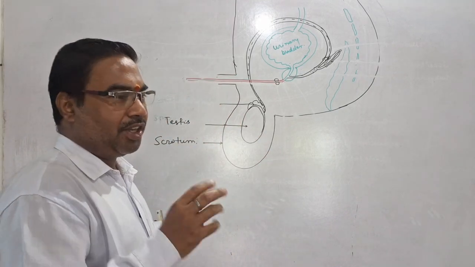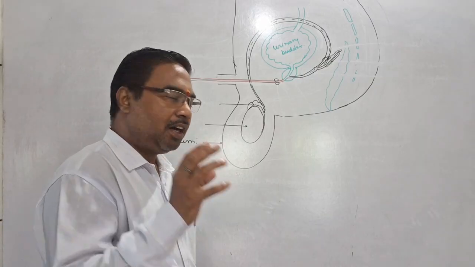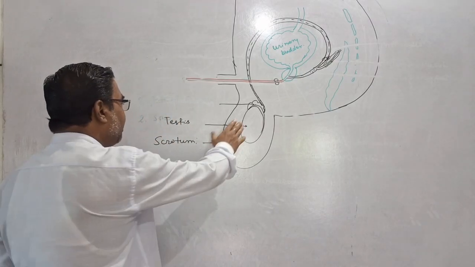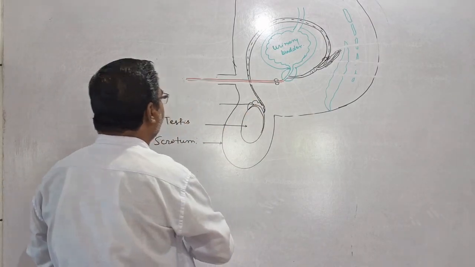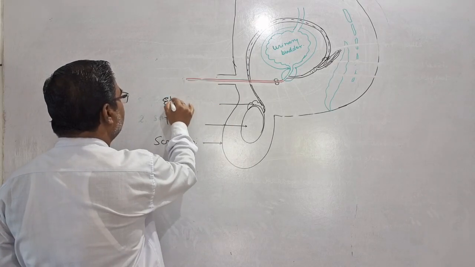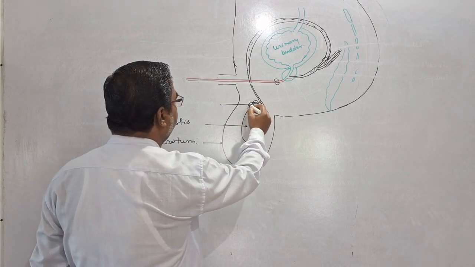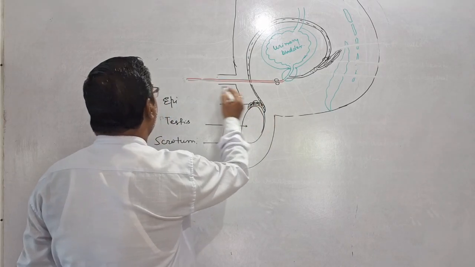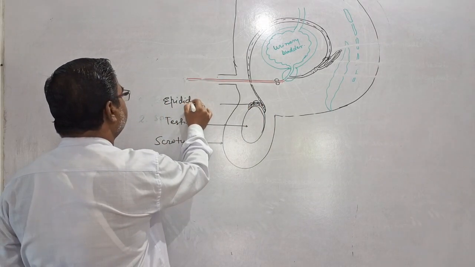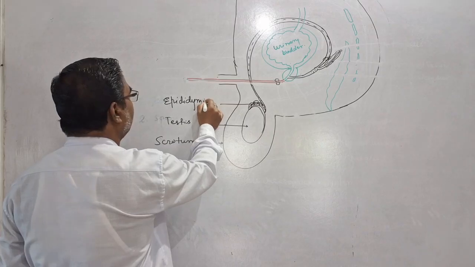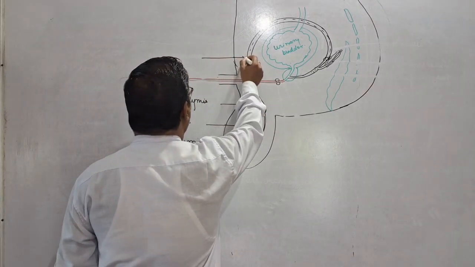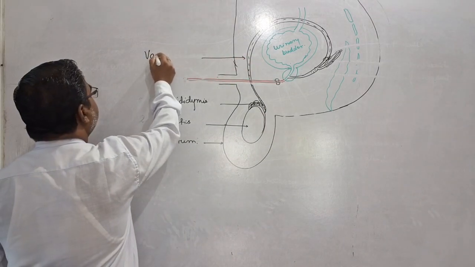So you should remember, the testis is the main site of sperm formation. Now from the testis, the sperm is accumulated into the epididymis. This structure you can see is actually a network of tubes. So it is the epididymis. After the epididymis, a sperm goes to the vas deferens.